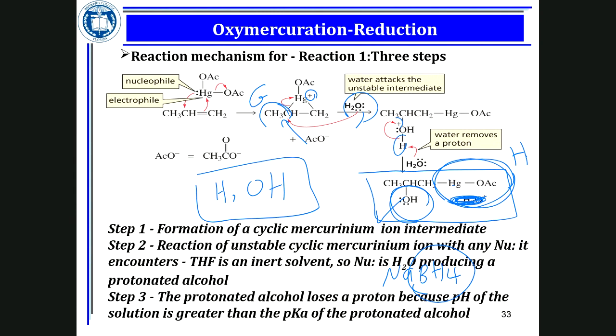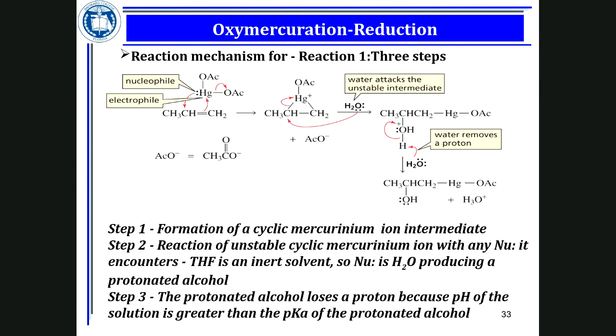If you look at the steps of the reaction, in this step, OH is going to be added to the more substituted carbon, and this is going to say that your addition is Markovnikov addition.